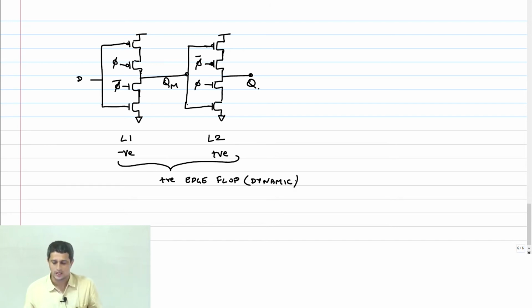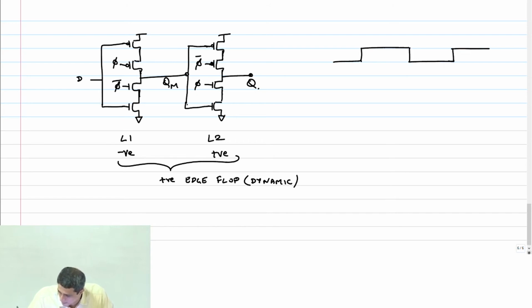Now I'm going to analyze this for the clock overlap condition that we discussed earlier. This is my sampling edge now, correct? The rising edge is my sampling edge. So this is phi bar. I'm going to delay phi bar a little bit, as usual. So this is my overlap.